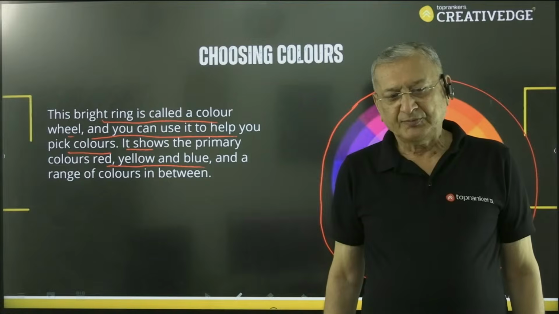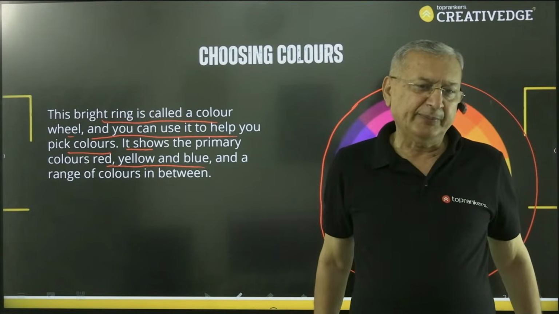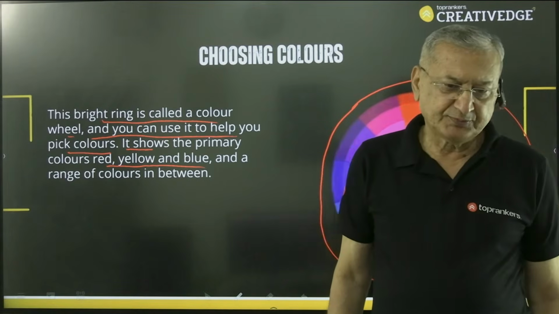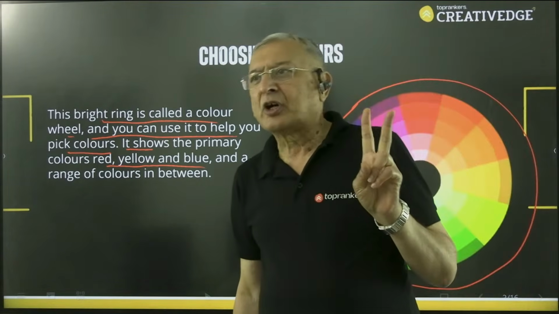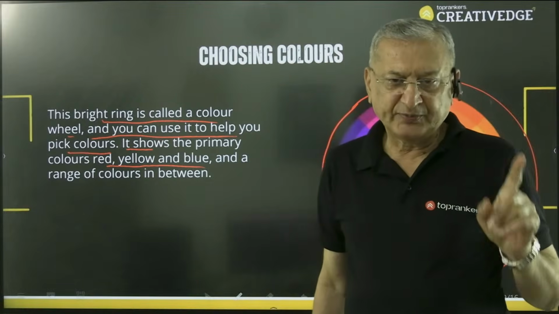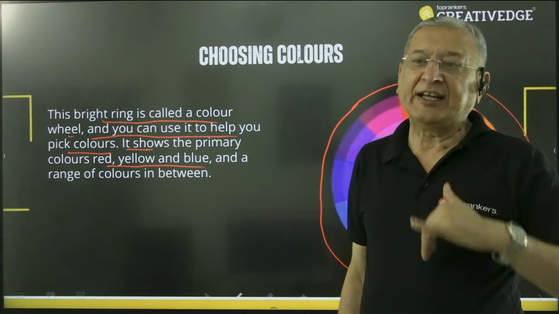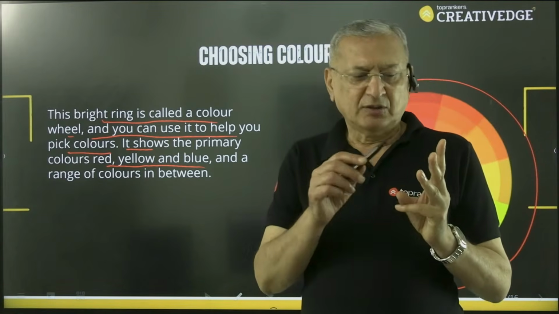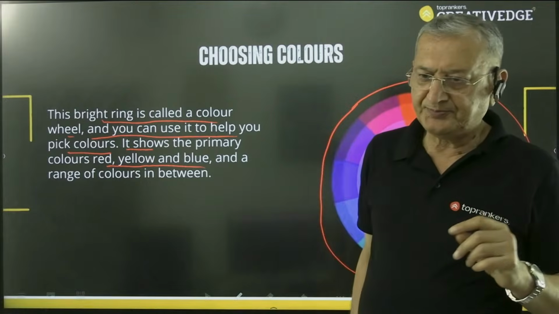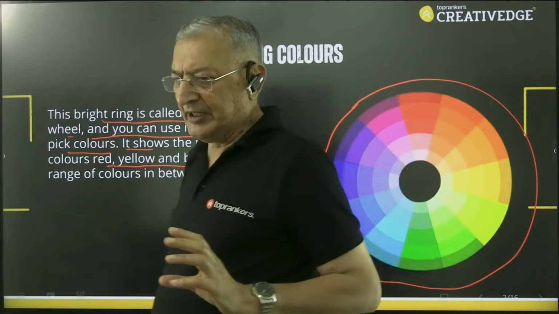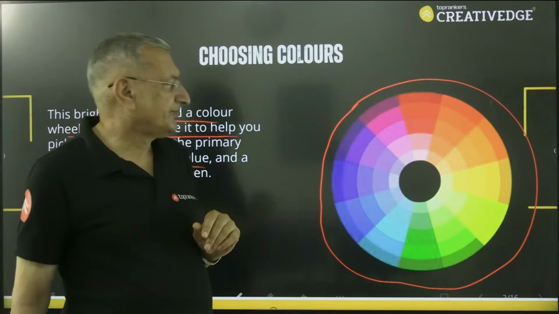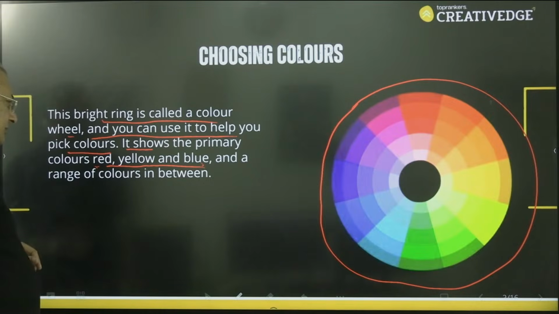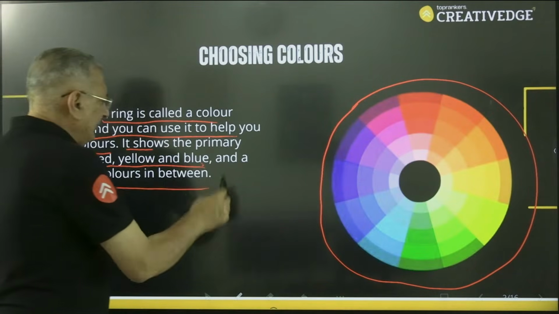When it comes to additive color, it is RGB, red, green, and blue. As you know, there are two color theories. RGB is for light. A white light contains three colors, red, green, and blue. Whereas among pigments, the primary colors are red, yellow, and blue, and a range of colors in between, of course.